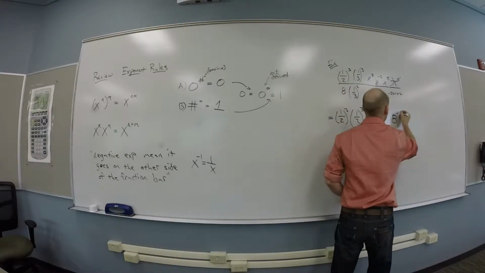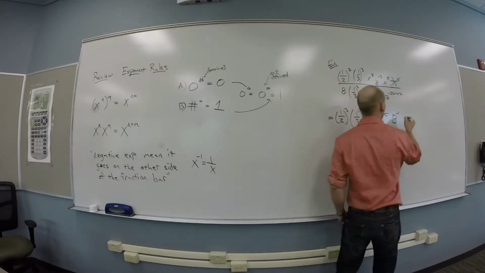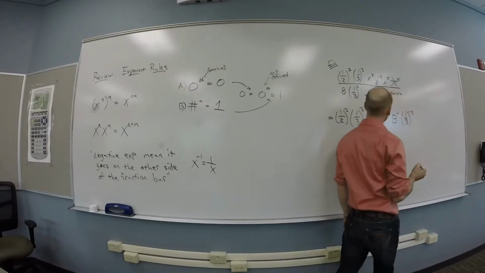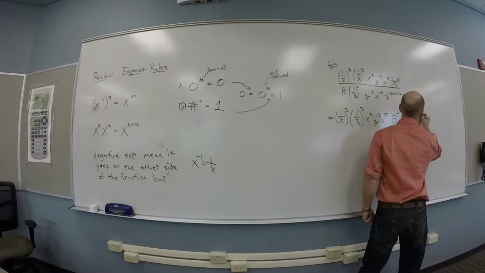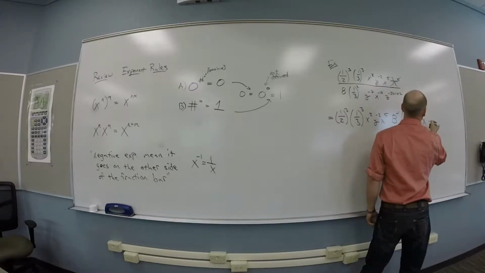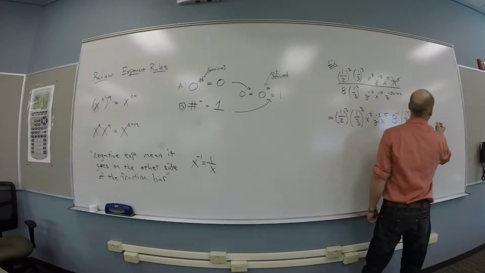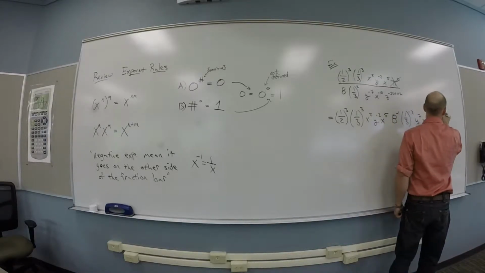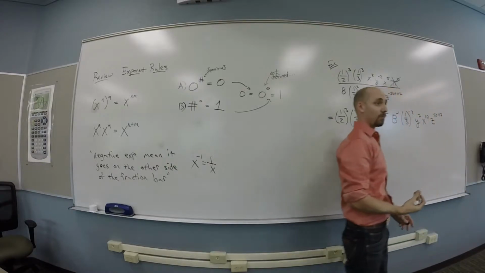So I have 8 to the -1, right? And then I have a third to the -2, y to the 7th, x to the 10th, and then z to the 50,147, which is just a number, right?